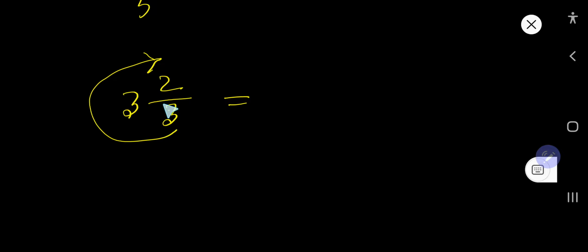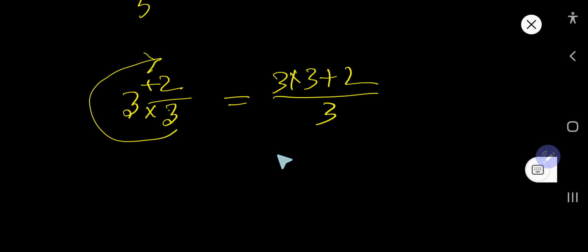So look, 3 and 2 over 3. This is a mixed number or mixed fraction. How to get the reciprocal of this fraction? At first you need to convert this mixed number to an improper fraction. For that, you need to multiply the whole number times the denominator and add the numerator. That is 3 times 3 plus 2, divided by 3.